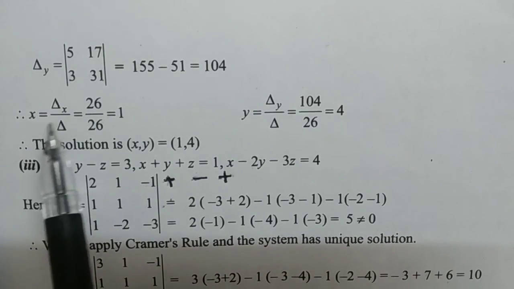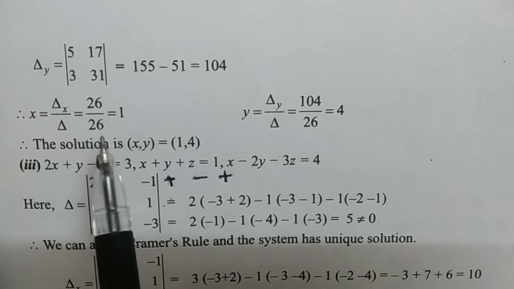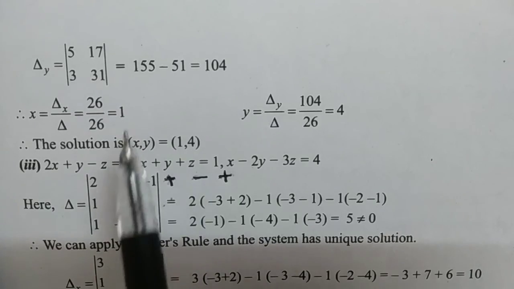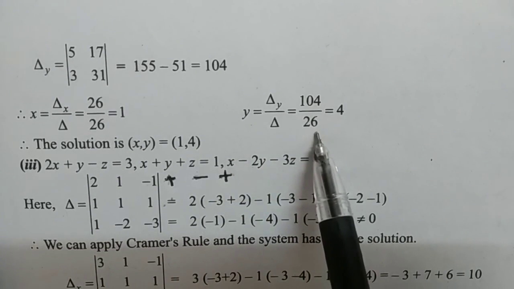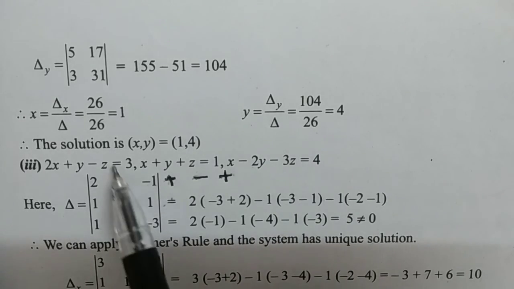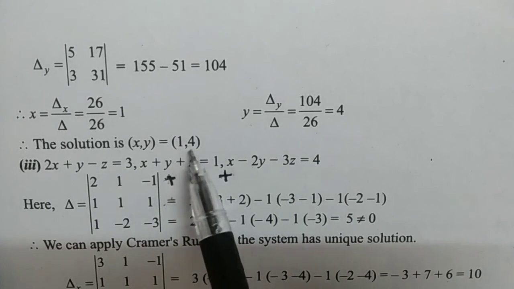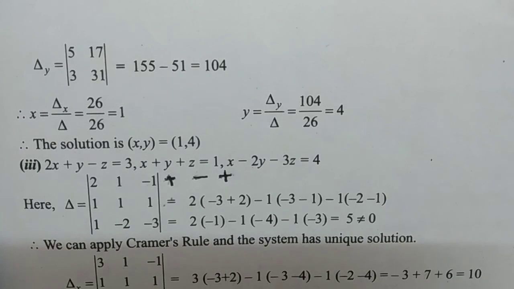So x is equal to delta x divided by delta, 26 divided by 26 equals 1. y equals delta y divided by delta, 104 divided by 26, which equals 4. So the solution is 1, 4. Thank you, students.